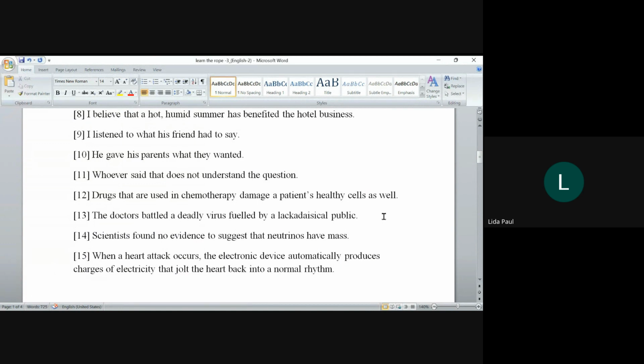Okay. 14th one. Scientists found no evidence to suggest that neutrinos have mass. Subject, verb, object.